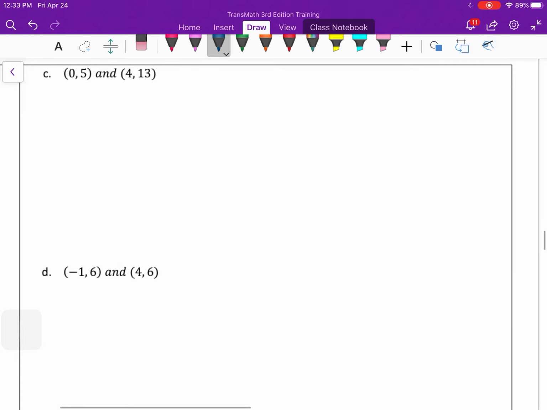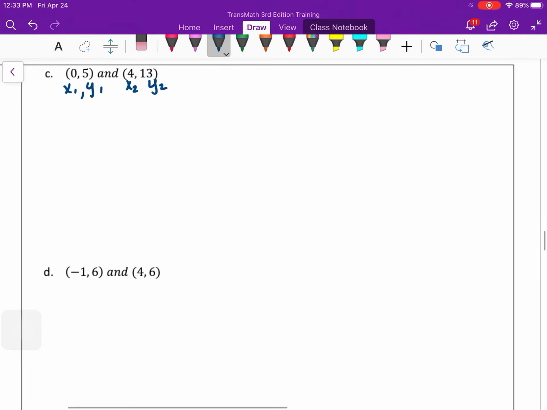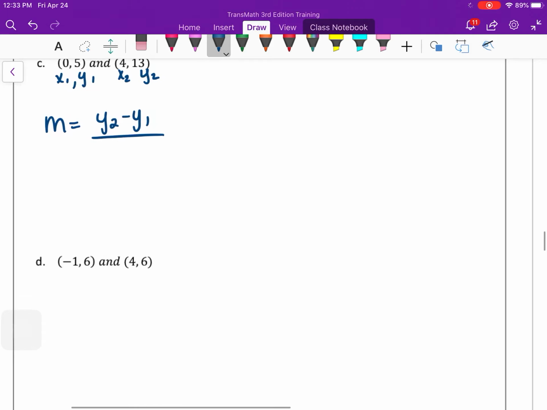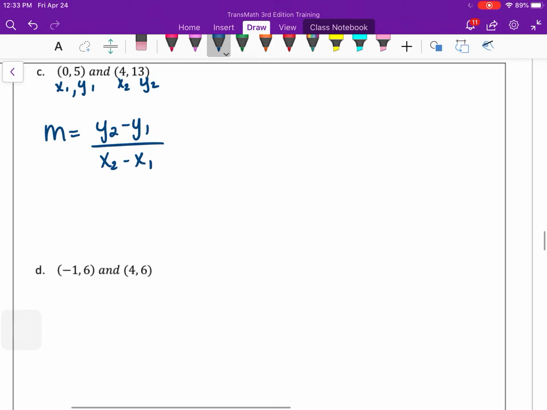All right, find the slope using the formula for these 2 points. So 0, 5 is our first point, so that's our x1 and our y1. And then 4, 13 is our second point, so that's our x2 and our y2. And the formula for slope is y2 minus y1 over x2 minus x1.